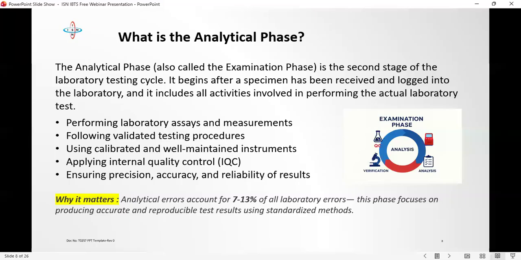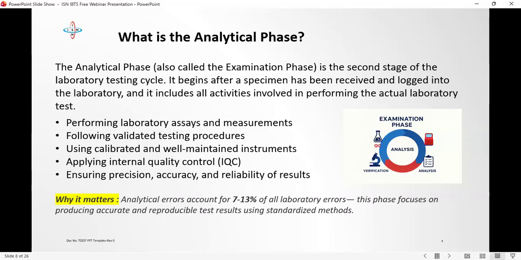for expiry date, there are two kinds of expiries. Okay, there is onboard expiry and there is packet expiry. You see that this facility has loaded the reagent into the analyzer. When you load your reagent into your analyzer, the onboard stability starts counting from that day.